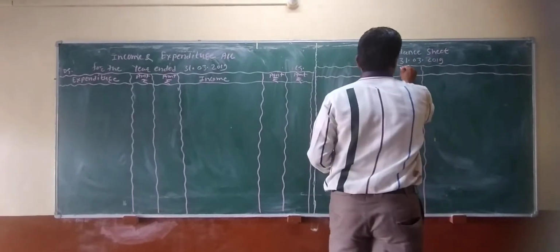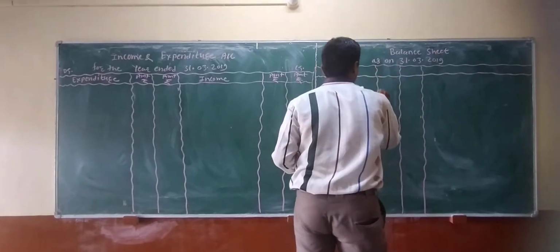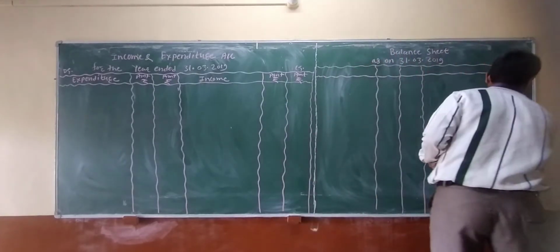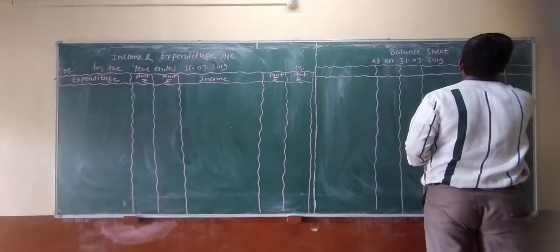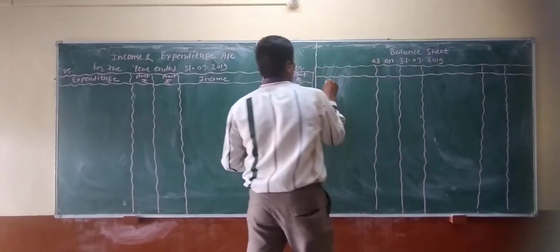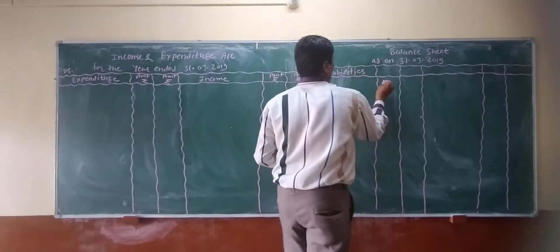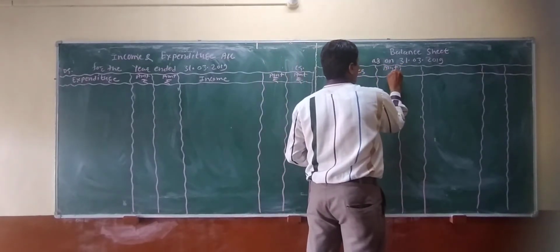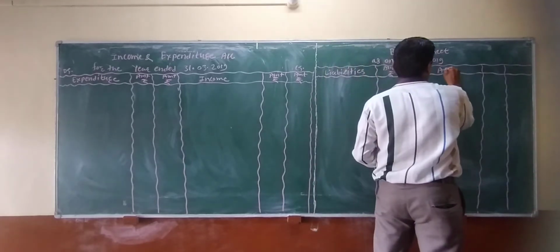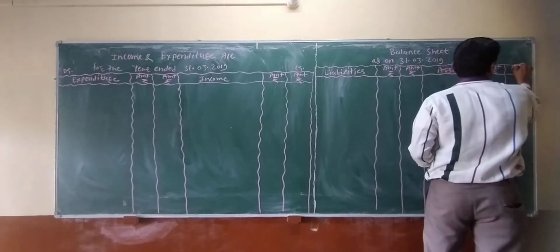As before, prepare the inner and outer column. Liability, amount in rupees. Next, assets, amount in rupees.